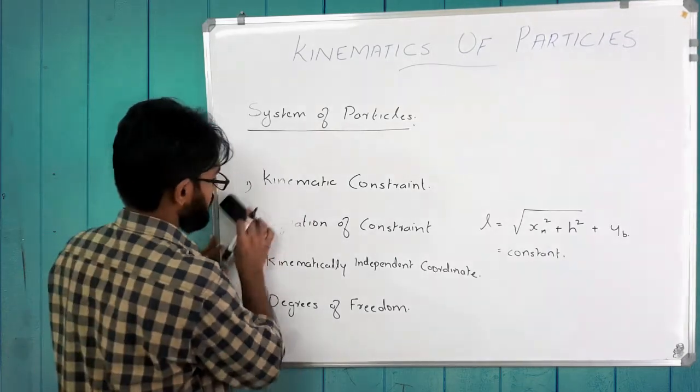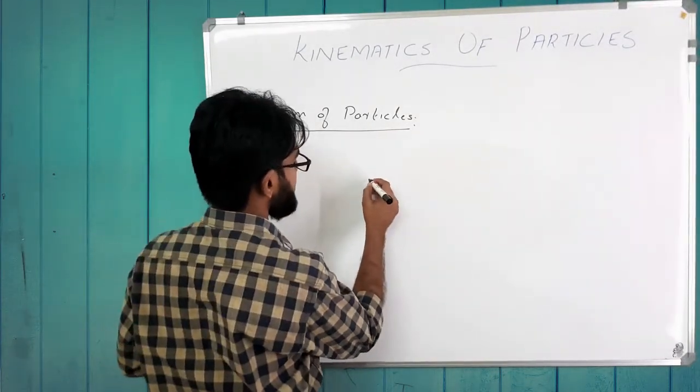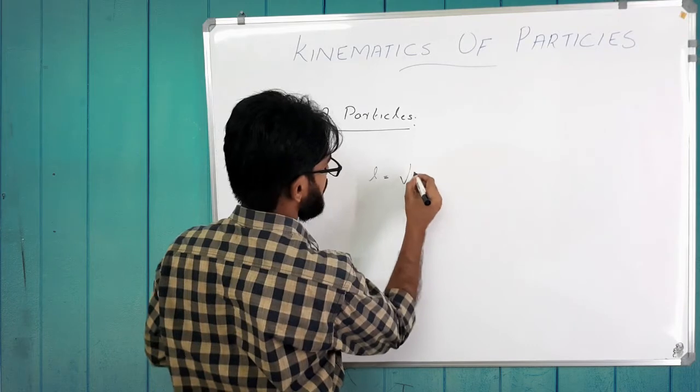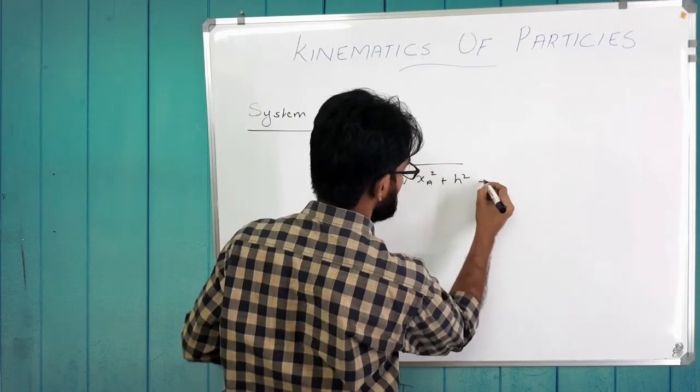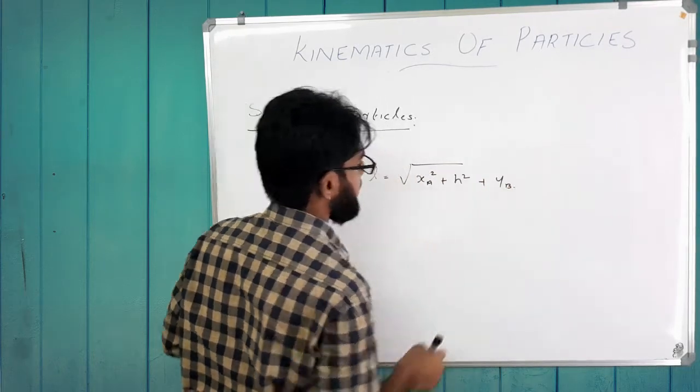Now, I write the equation here once again. L equals root of xa square plus h square plus yb.